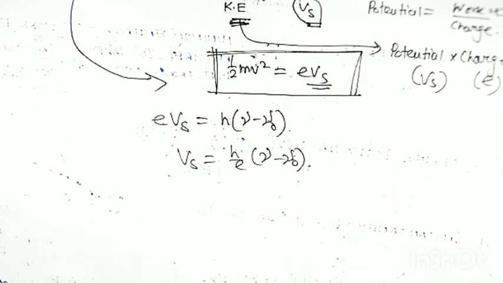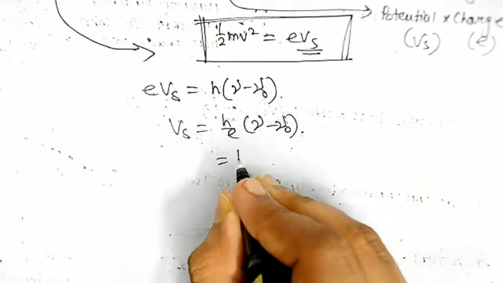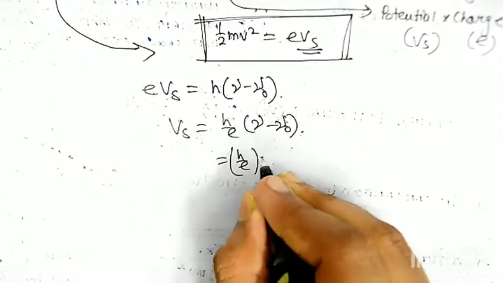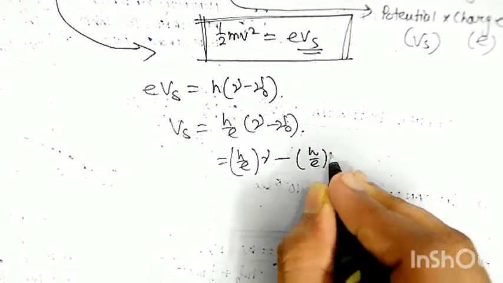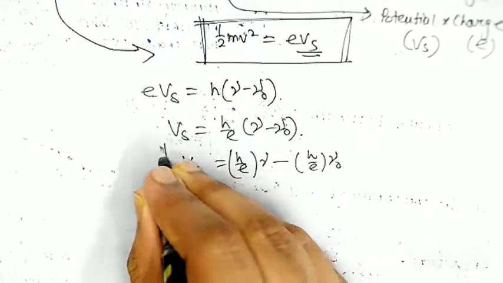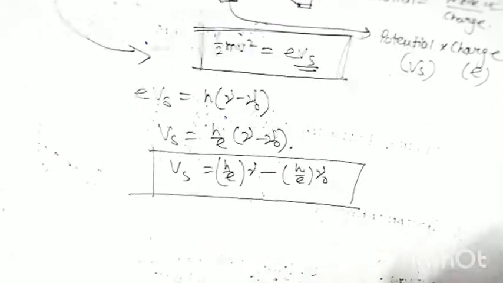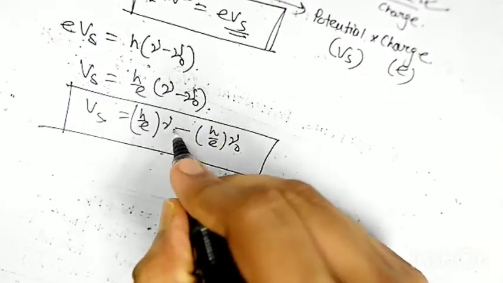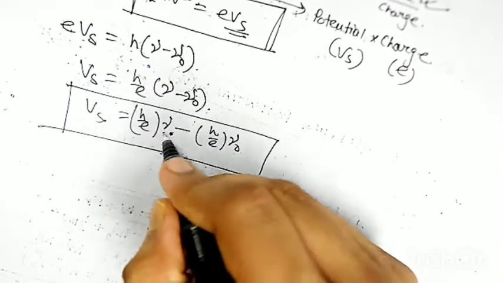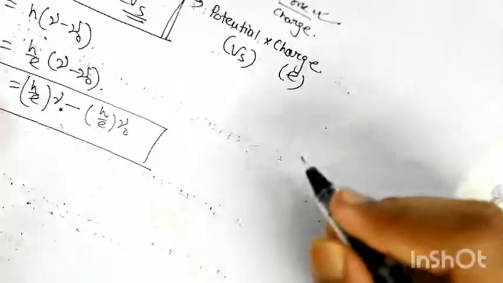So if I plot a graph of this, I can calculate the value of h by e as the slope. Means you have to plot a graph of Vs versus nu. The slope will give us h by e.